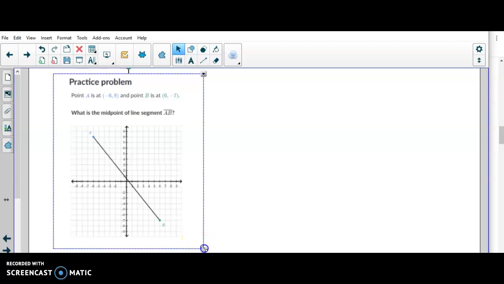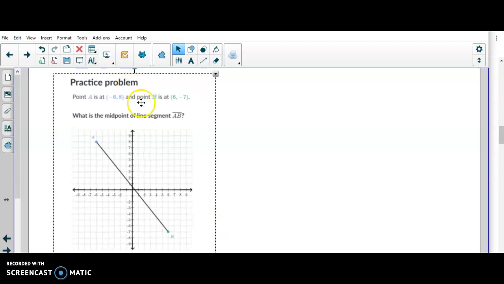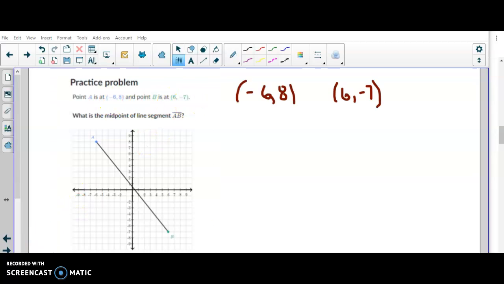So take a moment and copy down this problem. Copy down the point A and the point B. You should have copied down your point A and point B into your notes just to have more practice writing. Now what we're going to do is find the midpoint of both of these. So let's remember our rule.